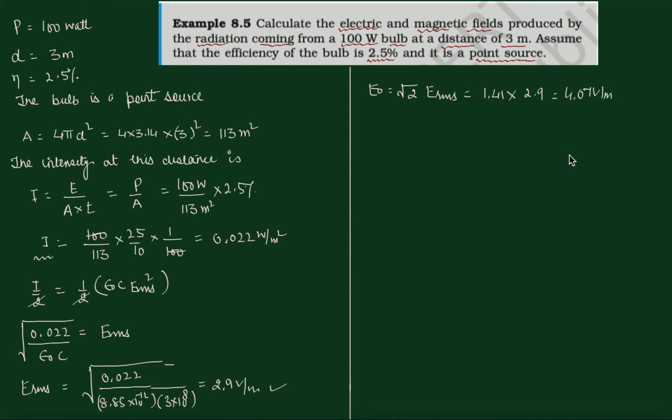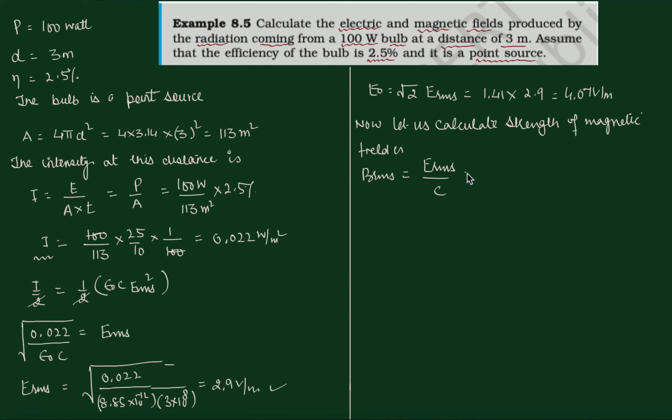So now let us calculate the strength of magnetic field. The root mean square value of magnetic field is the root mean square value of electric field divided by c.